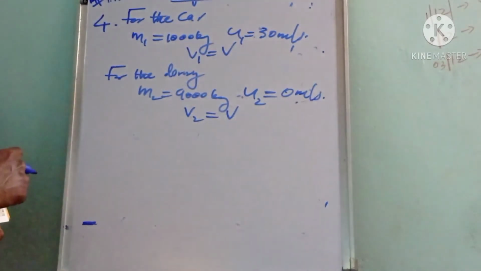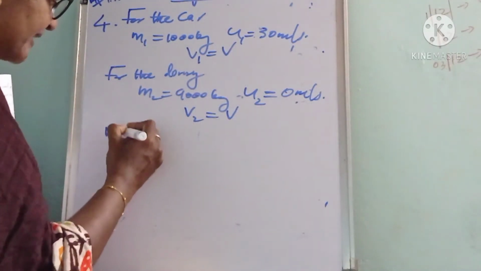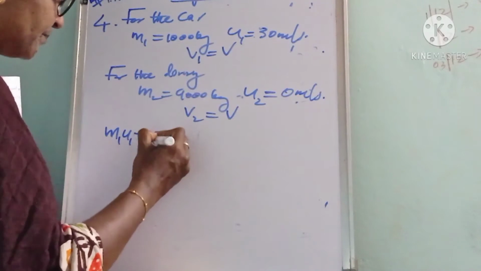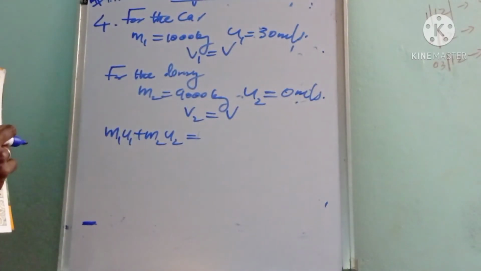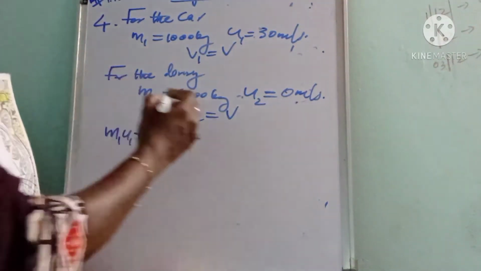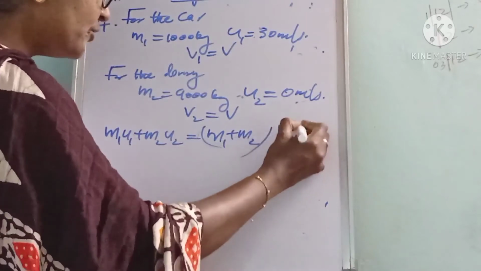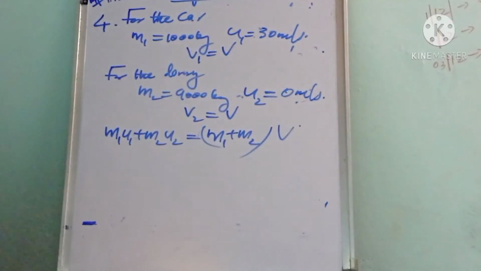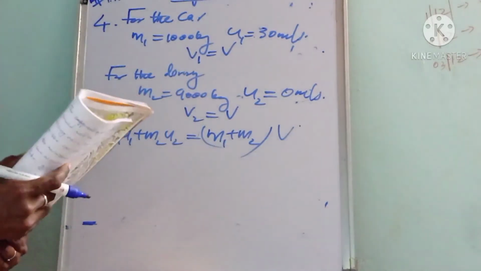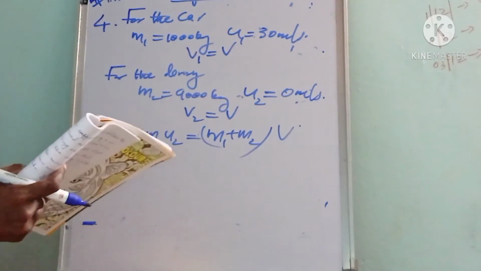Momentum before collision is equal to momentum after collision. Momentum before collision is m1u1 plus m2u2, which is equal to, after collision, when the car and lorry are joined with the same velocity, m1 plus m2 into v. This v, the velocity of the car and lorry, is what we have to find.